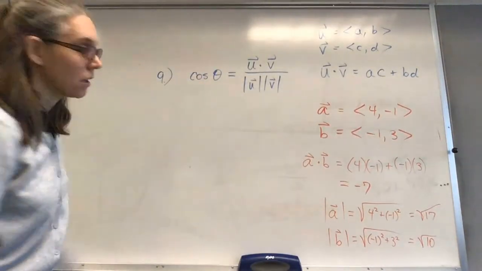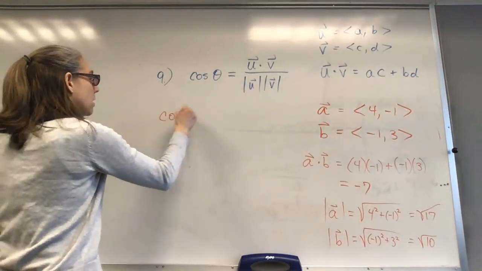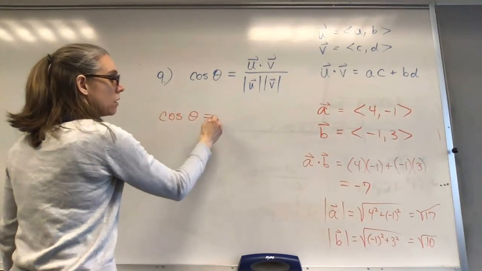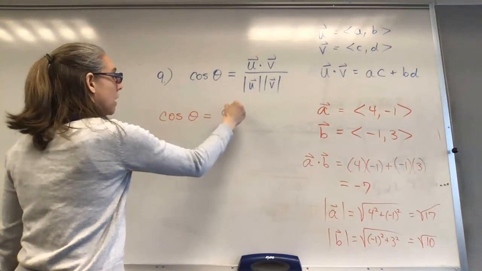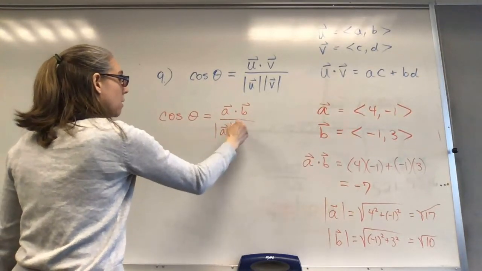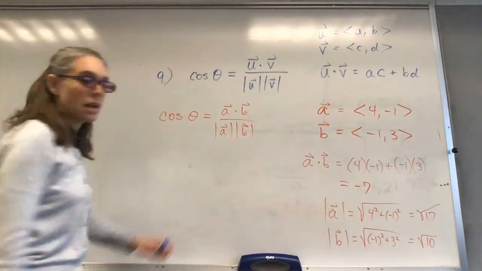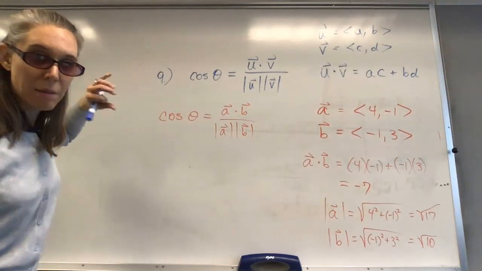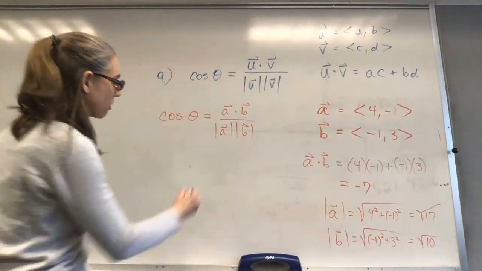So now coming over here, we are looking at cosine of theta is equal to A dot B over magnitude of A, magnitude of B. Notice I'm taking the original formula and I'm applying it to my specific vectors.